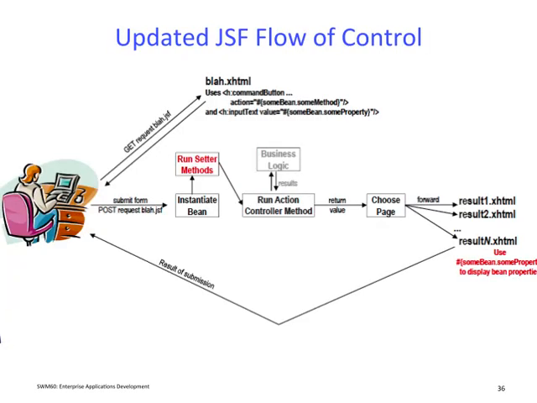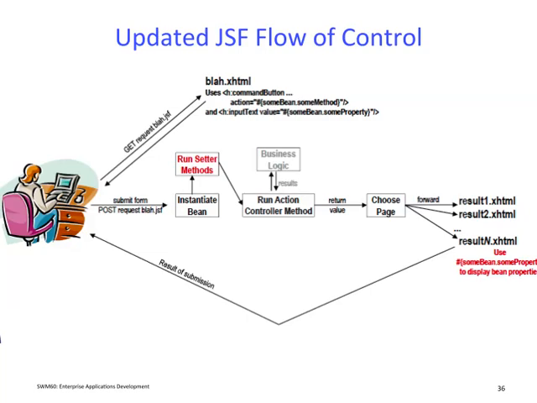So the flow of control in this example is that the user will send a request, invoking that first initial page, and then click the command button, which will execute that method, which initiates the bean that runs those methods within the bean and returns a value. Whatever is returned determines the output, result 1, 2, or 3.